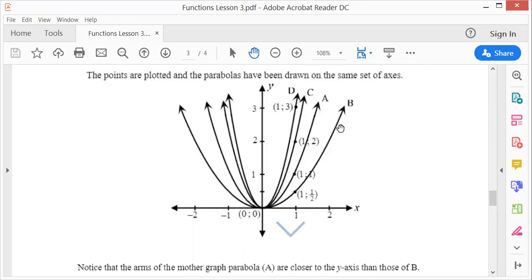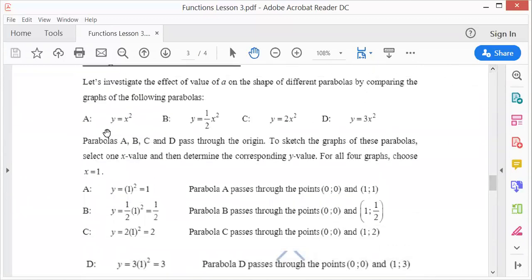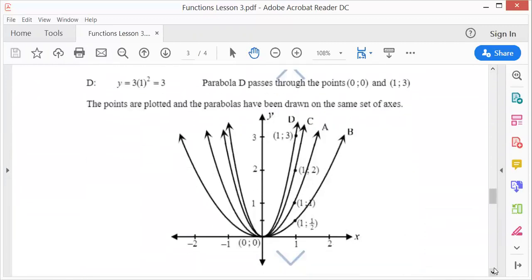And the smaller the a value, the more flat or broad it will be. So that is very important. Let me quickly show you again: 1 was the mother graph, a half was lying more flat, more broad, and then 2 and 3 were more acute. Take note of that.